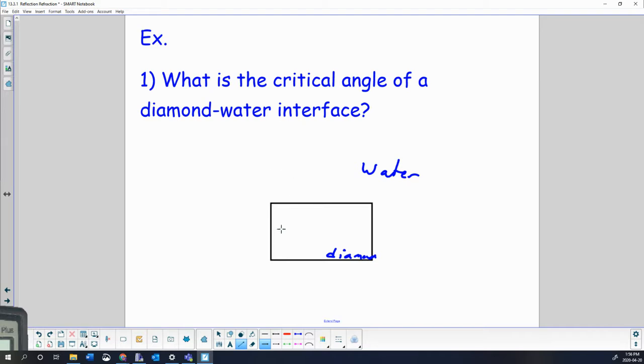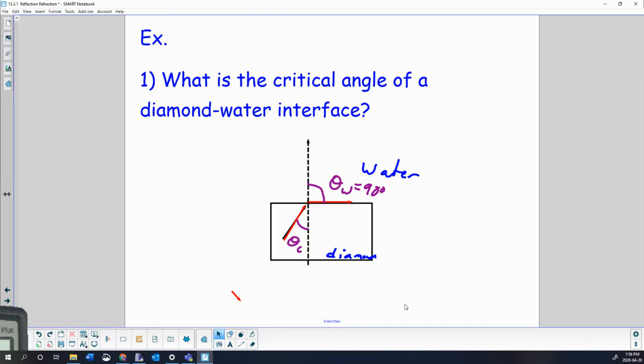So it doesn't tell us that here, but if we understand the idea of total internal reflection and critical angle, we want a situation in which this light travels from the diamond into the water, and it does it in such a way that the refracted wave, as measured from the normal, gives the phenomenon we talk about, the critical angle of incidence in going from the diamond into the water, where the refracted angle is going to be 90 degrees.